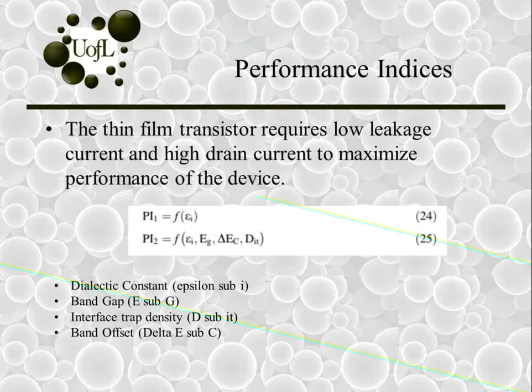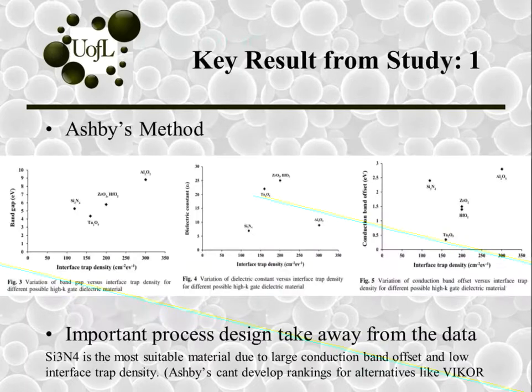Looking at performance indices, the thin film transistor requires low leakage current and high drain current to maximize performance of the device. So Pi sub 2 is the main matrix they were looking at, in terms of the four properties they were examining: dielectric constant, band gap, interface trap density, and band offset. The stuff in the parentheses describes the variables, so you get a better idea.